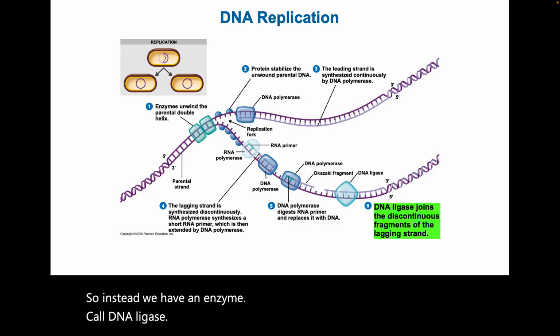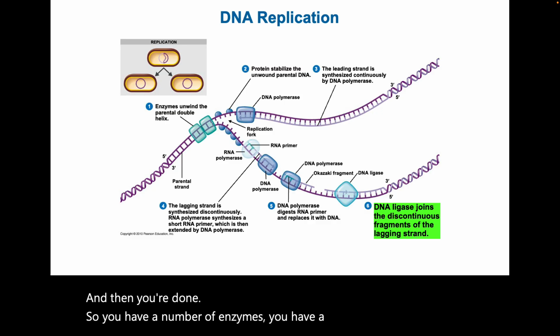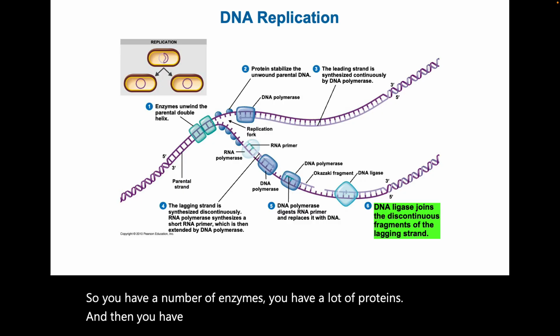It seals the gaps in the backbone. And then you're done. So you have a number of enzymes, you have a lot of proteins, and then you have those two leading and lagging strands.